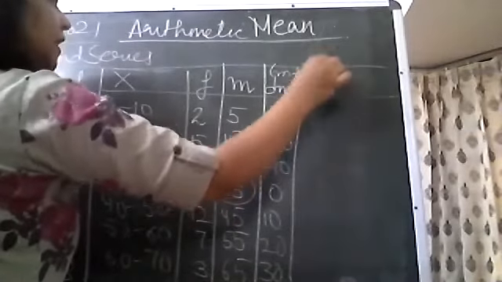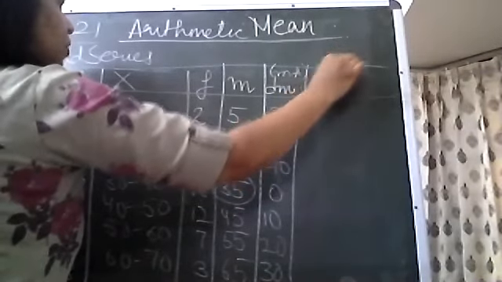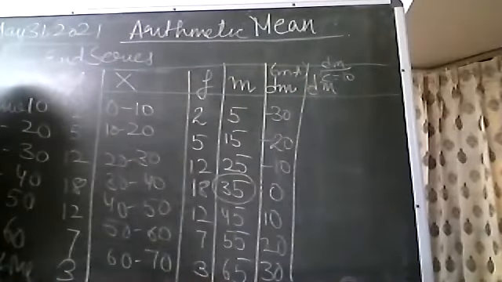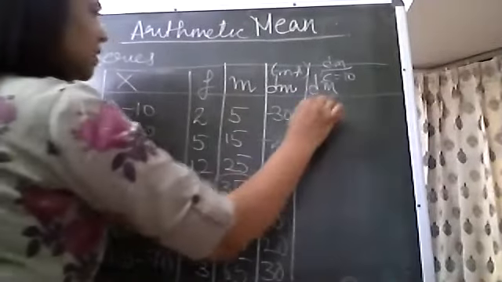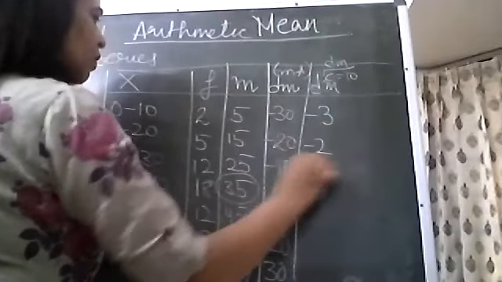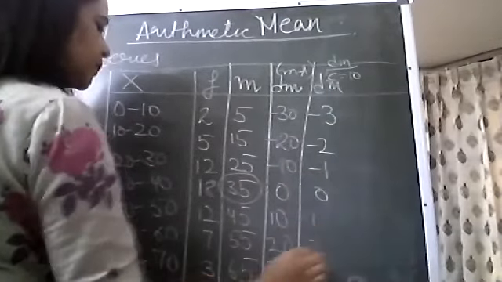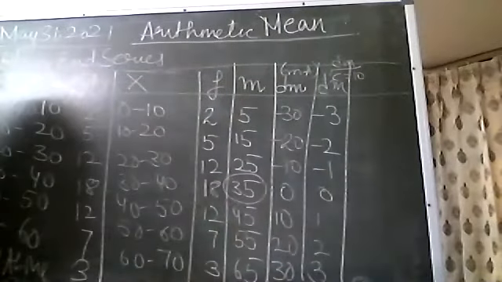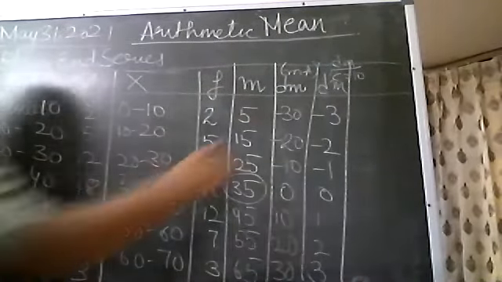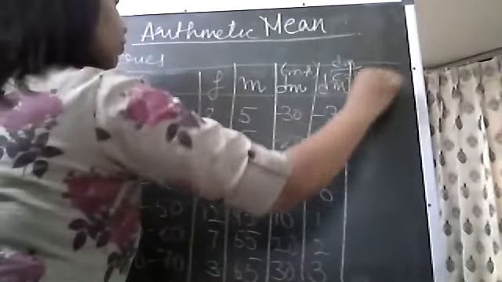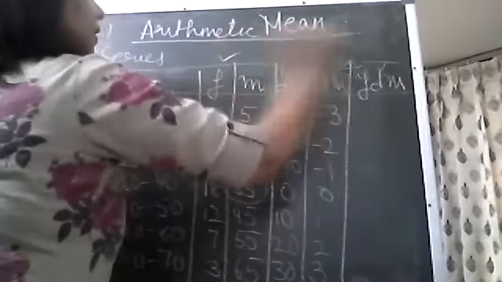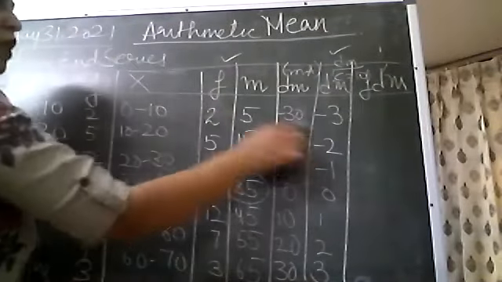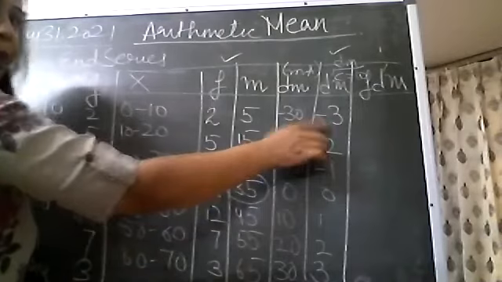So we will get d dash m, which is equal to dm upon c, where c is equal to 10. 10 से divide कर देना है, which means 0 जो है बेटे वो डिलीट हो जाएगा, d dash m आ गया। So now we have to multiply d dash m with its corresponding frequencies, f into d dash m, right?